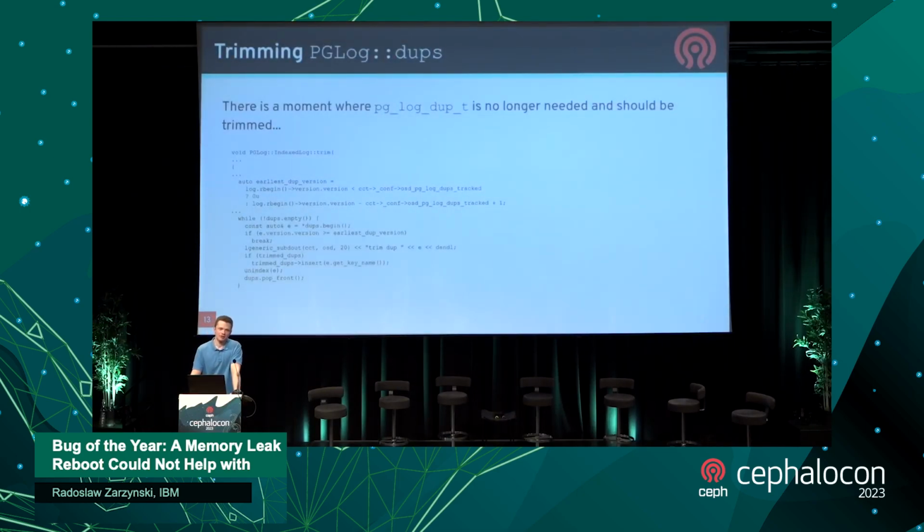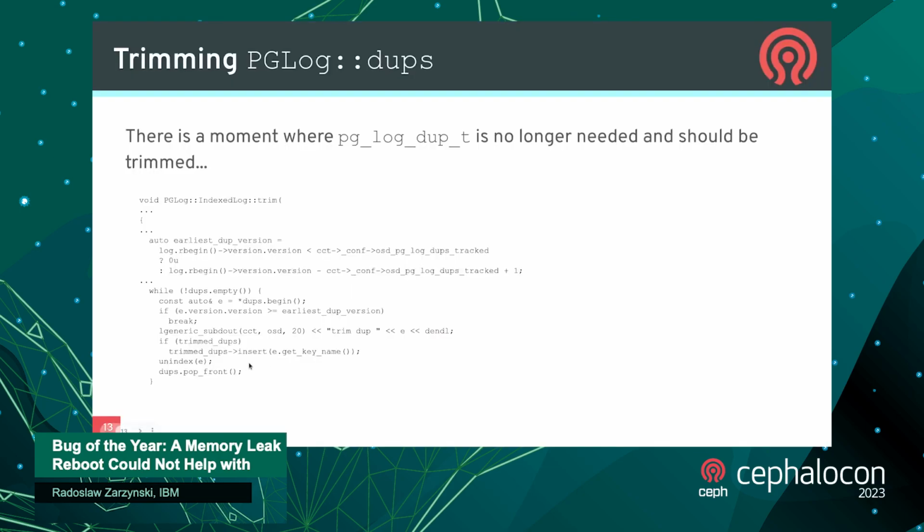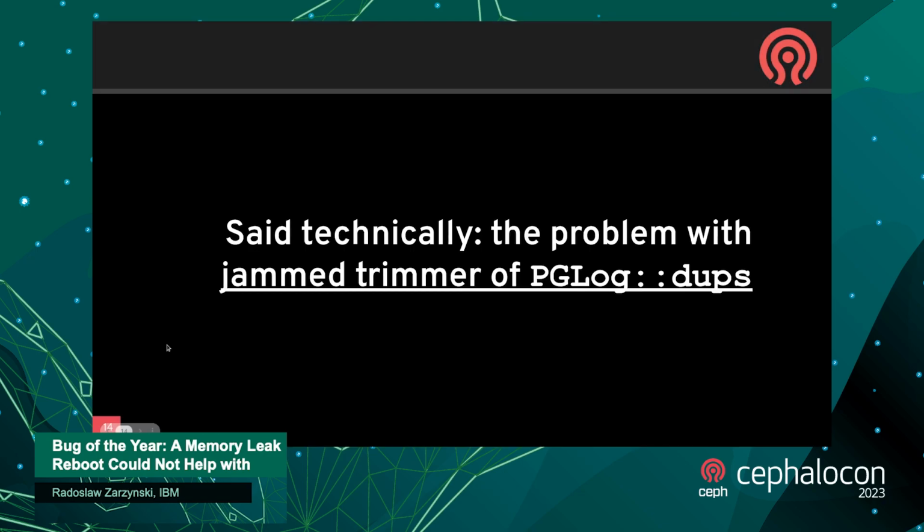It's another part of the same method, the trim method of the pglog. We are just popping it back. But if there is a trimmer, what would happen if this trimmer got stalled?